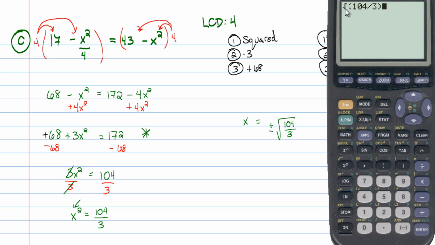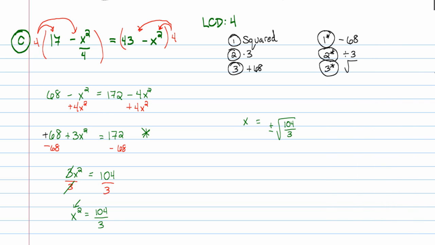So this is saying I'm taking the square root of everything in this parenthesis. Hit enter, and it's roughly 5.9. I'm rounding to the nearest tenth here. So let me move this off the screen and write in that that's roughly plus or minus 5.9. That's if you're asked to give an approximate answer.